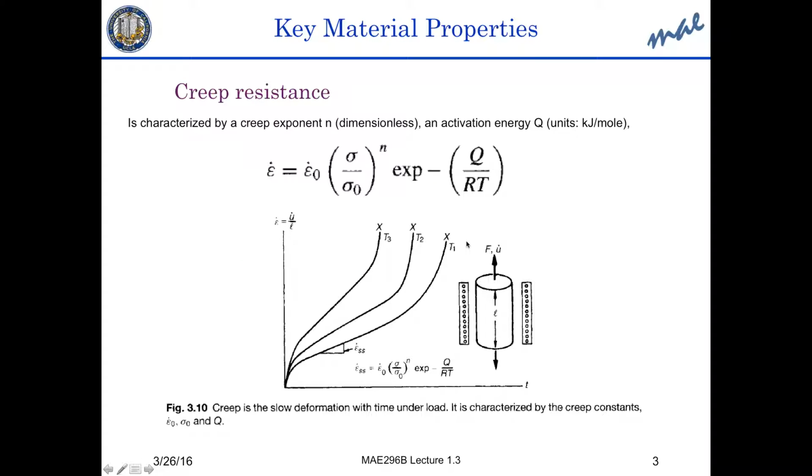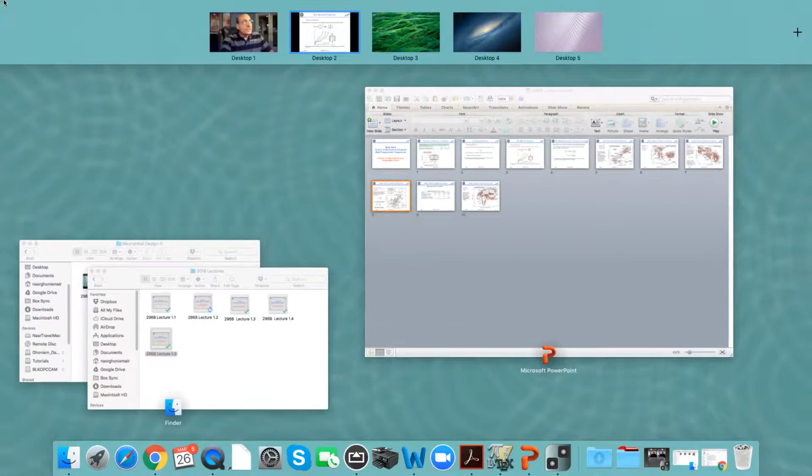The next property that is important at high temperature is creep resistance. And we've seen that in most cases, the determination of the strength of the material is not based on instantaneous loading, but the material is really weaker if the loading is continuous and the material is subjected to high temperature at the same time.